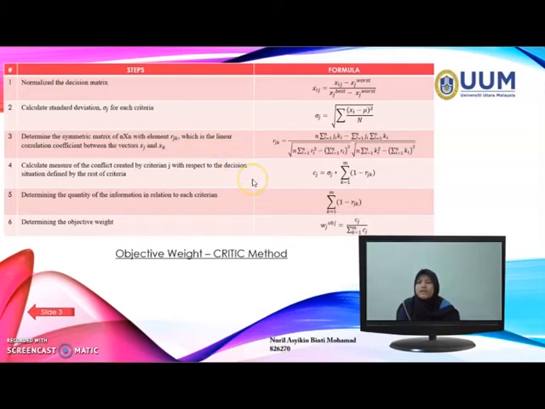The fourth is to calculate the measure of the conflict created by criterion J with respect to the decision situation defined by the rest of the criteria. The fifth is determining the quantity of information in relation to each criterion. And the last is determining the objective weight by using this formula.